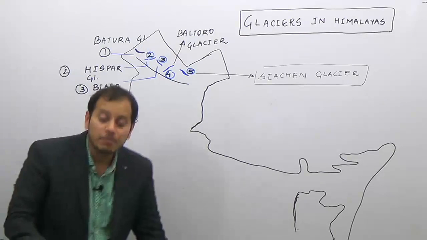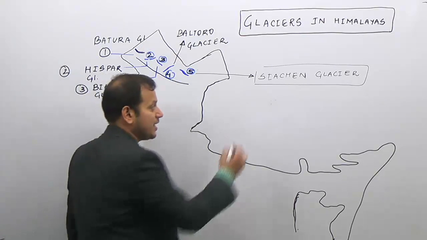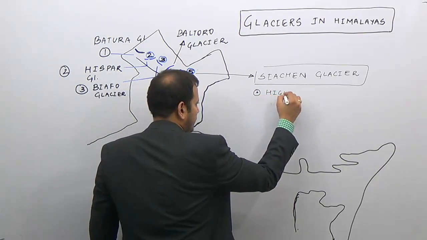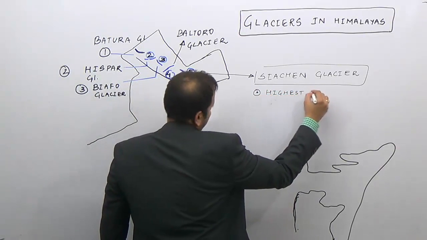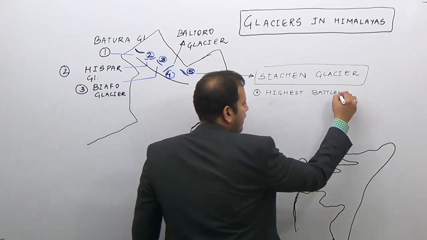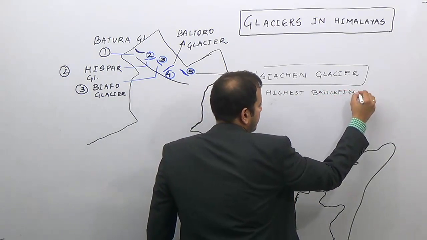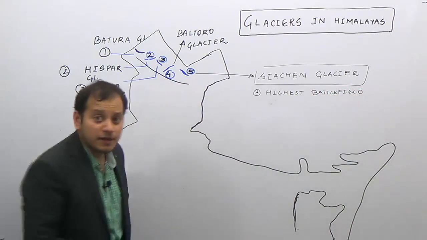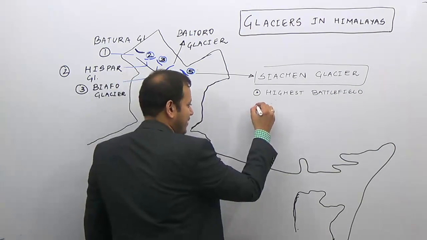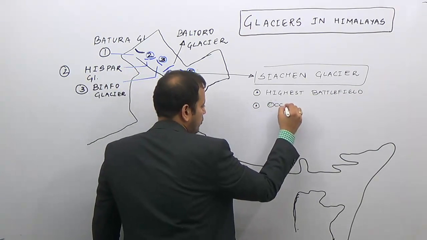Now what is the importance of the Siachen Glacier? It is the highest battlefield in the world. It is occupied by India.